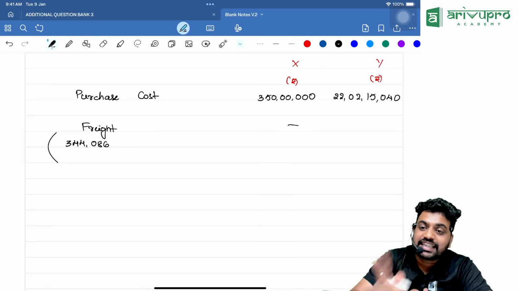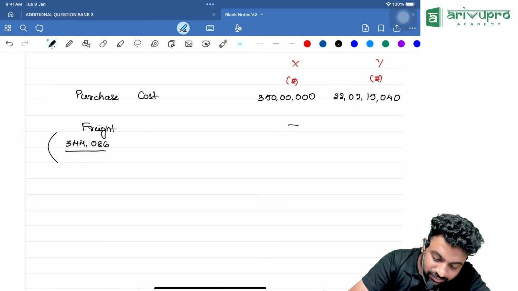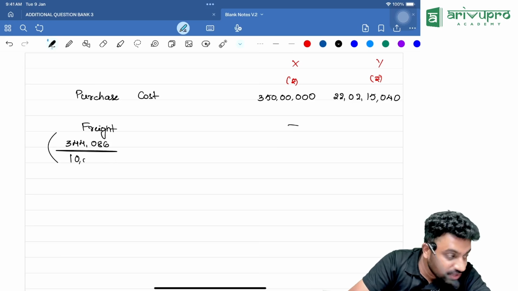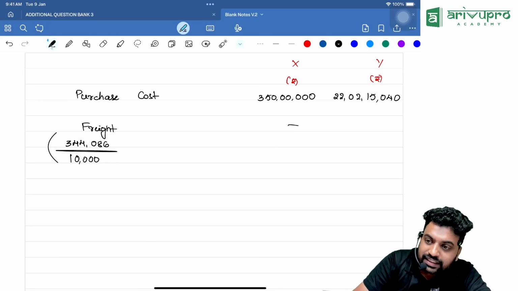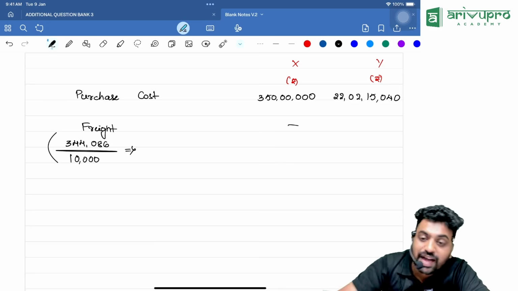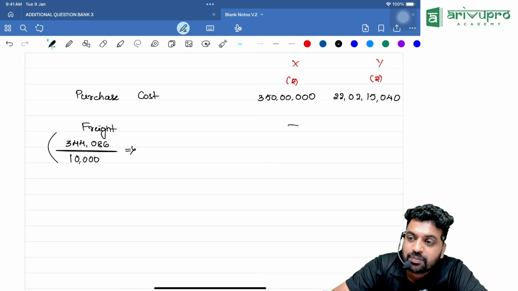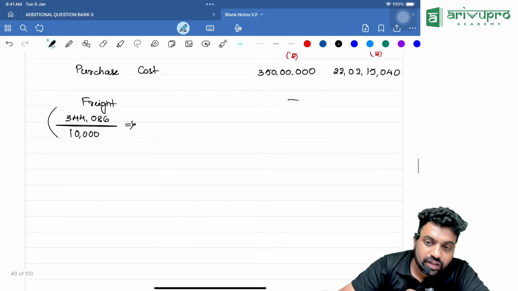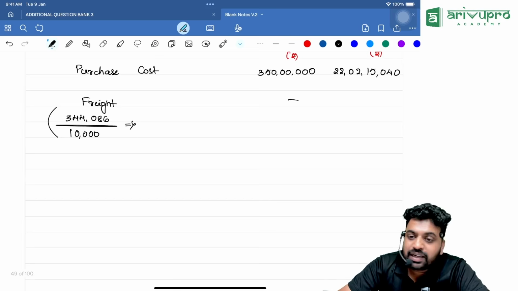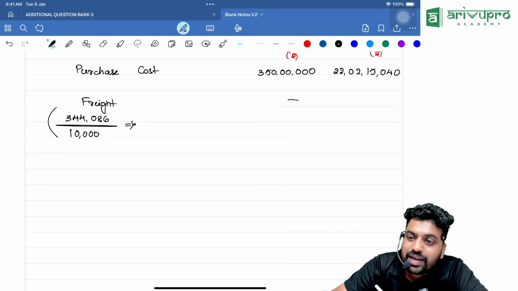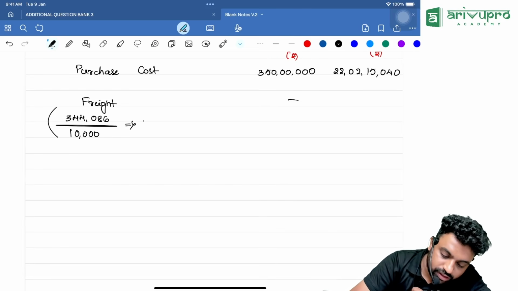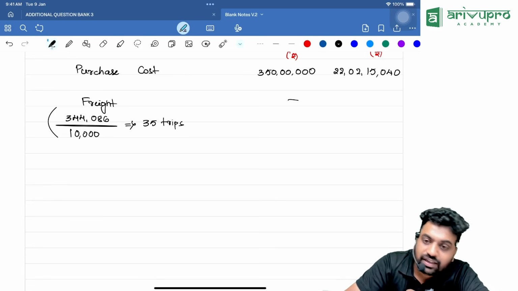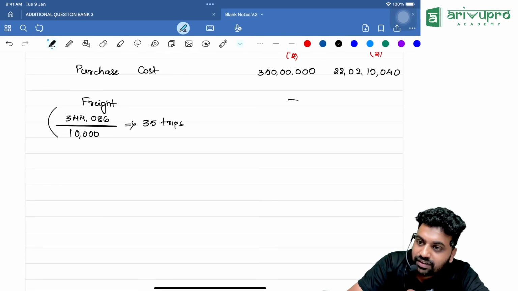However, a single truck of 10 ton can carry 10,000 kgs. So how many times do we have to place the order? Number of trips is 34 point whatever it is, but trips cannot be in decimals, so it should be 35 trips. Is that clear?